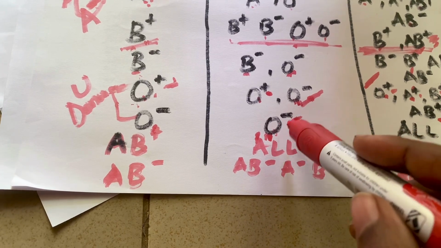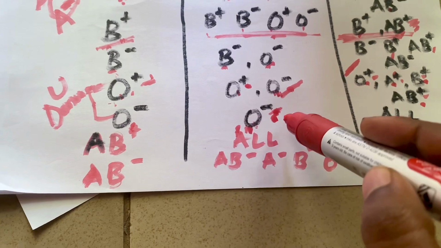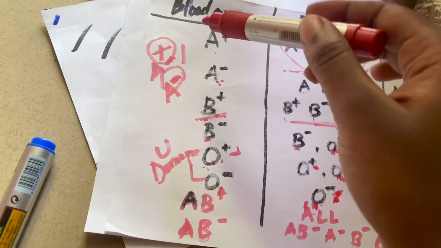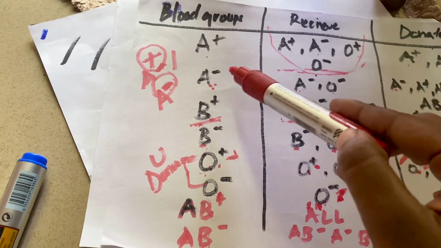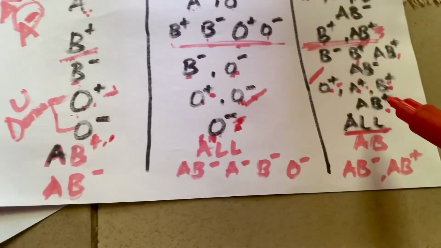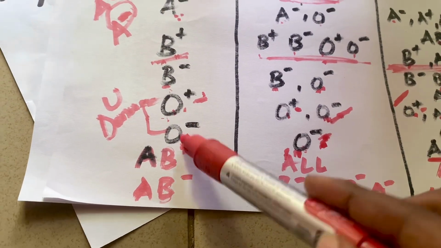So these people, please know yourselves. However, this O negative can give to all. So all these blood groups, A positive, A negative, B positive, B negative, O negative, it can give to all. So this is the true universal donor.